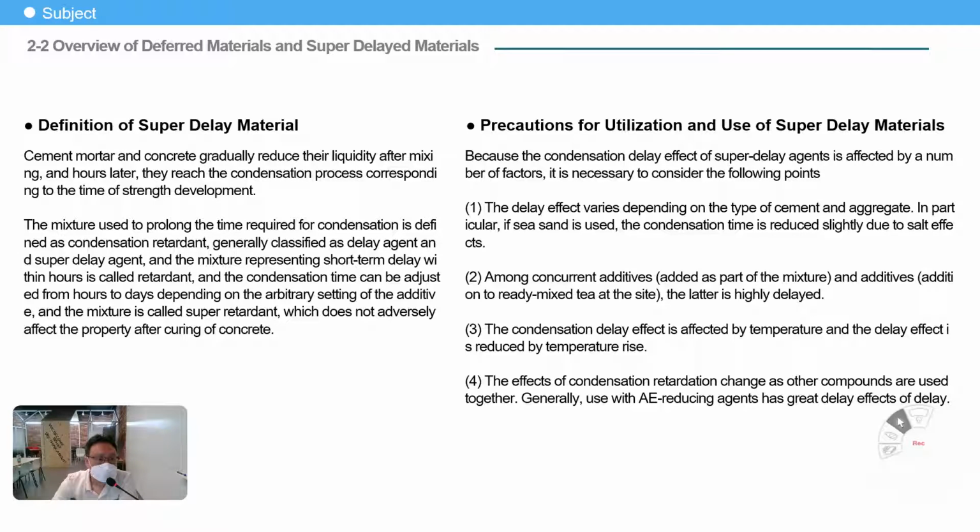The use of a retarder prolongs the time required for condensation, defined as condensation retardation, generally classified as delay agent and super delay agent.